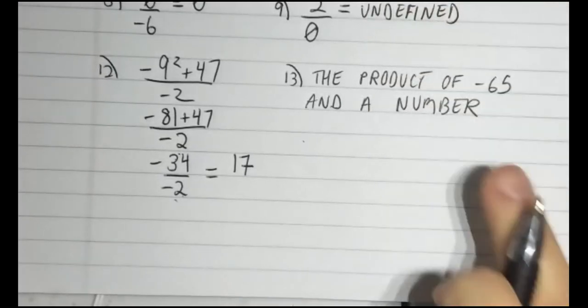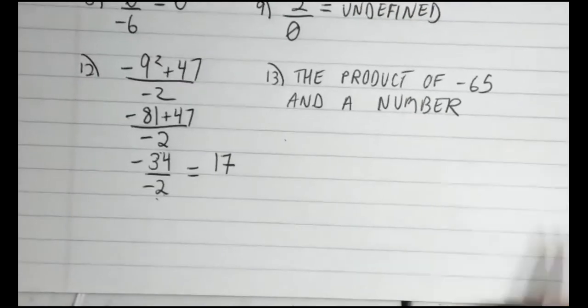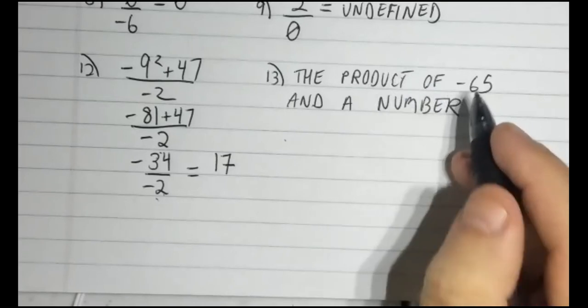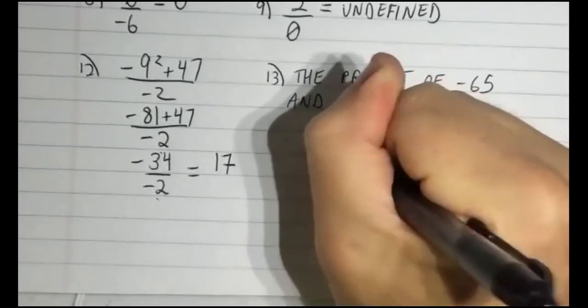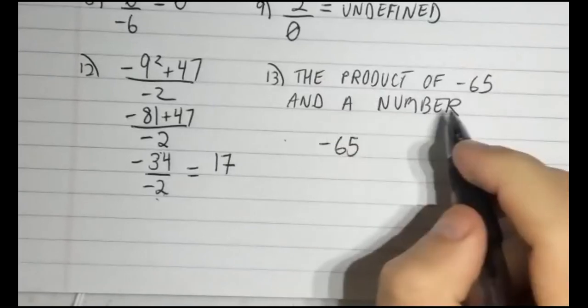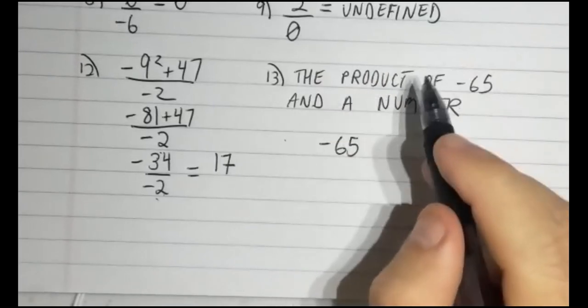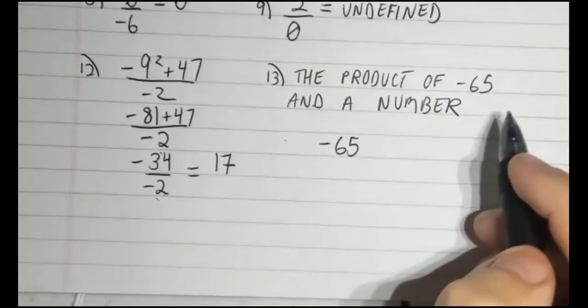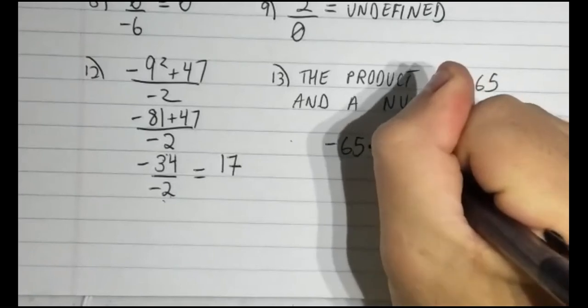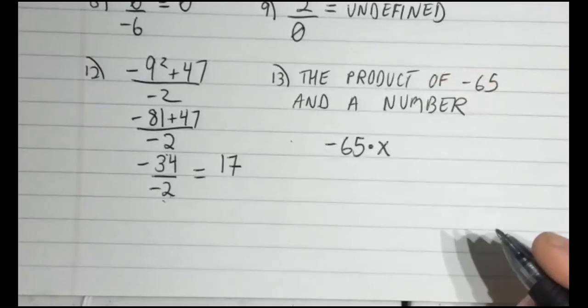What would that look like? Just keep in mind there's keywords here. Product means we're multiplying. And we're taking that negative 65, so obviously we'd write that down. And anytime you see a number, you're going to use a variable. I believe in the instructions of the problem, it says use X for your variable. So really you're doing negative 65 times X.